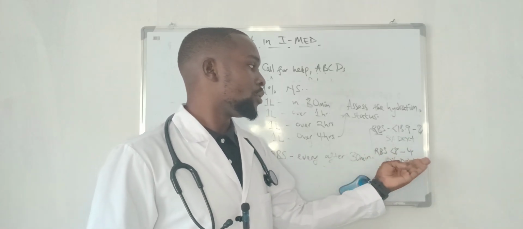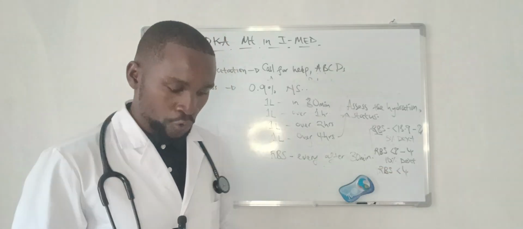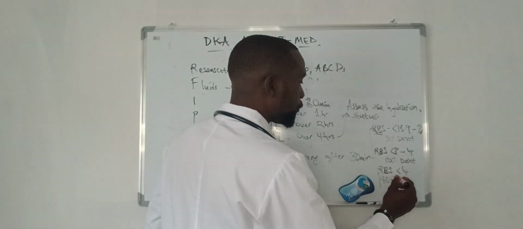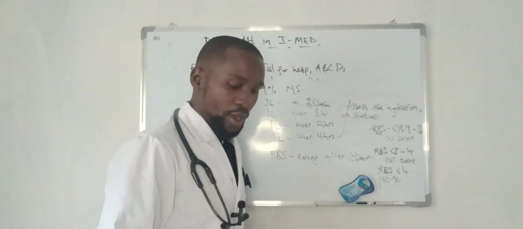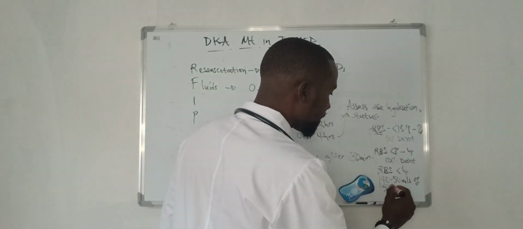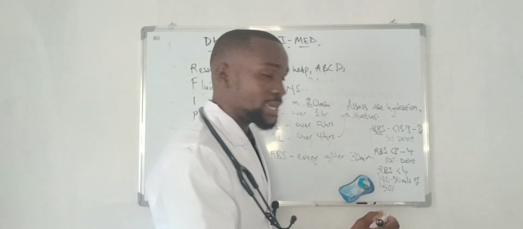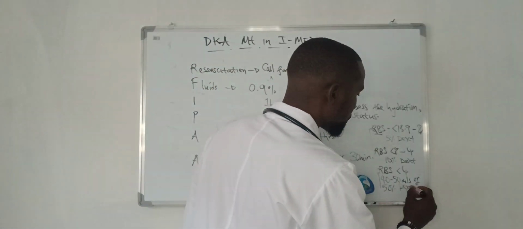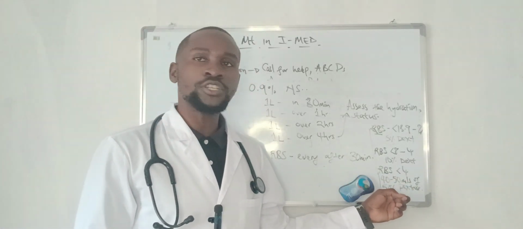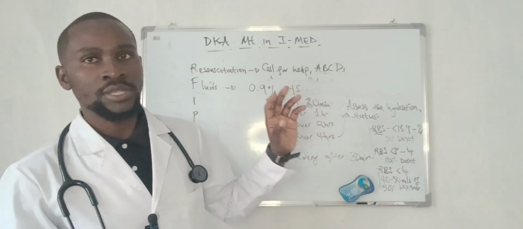And when the patient is in hypoglycemia, RBS falls below 4, you are going to give 40 to 50 mils of 50% dextrose to resuscitate them so that the RBS goes up.